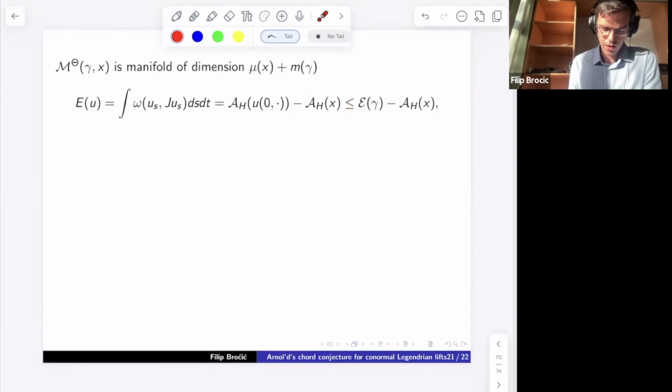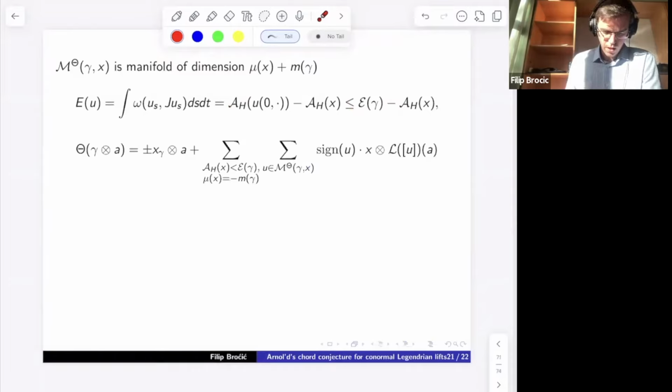But since this zeroth part of the curve is inside the unstable manifold, and using the Legendre transformation and the relationship between the action functional and the energy functional, we actually have that the action of the zeroth part of the curve is smaller or equal than the energy of the geodesic gamma. Which means in particular that theta will essentially be identity.